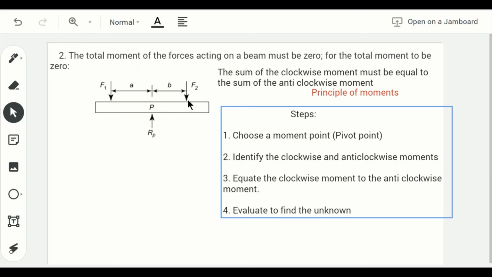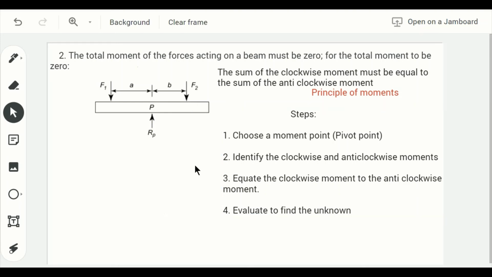Any point where you choose your moment, the forces acting at that point become 0. I repeat that.